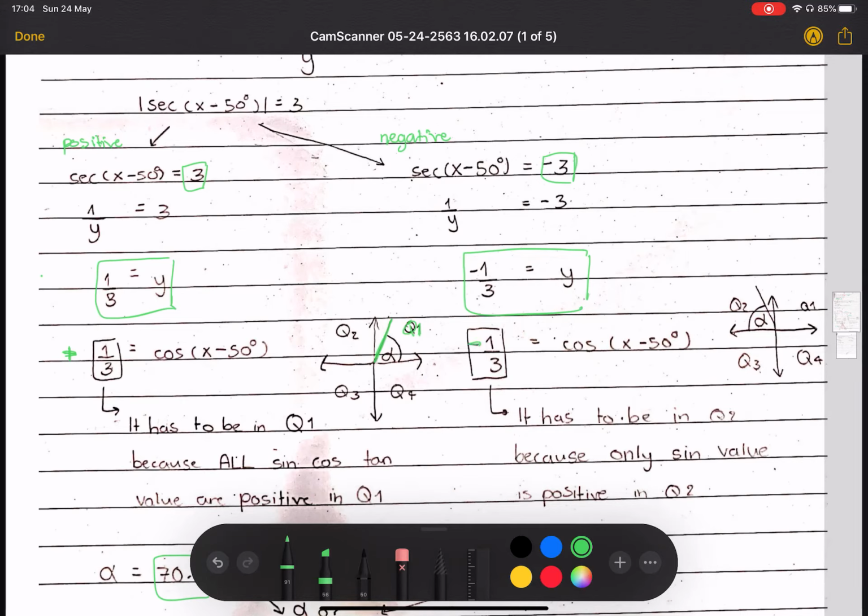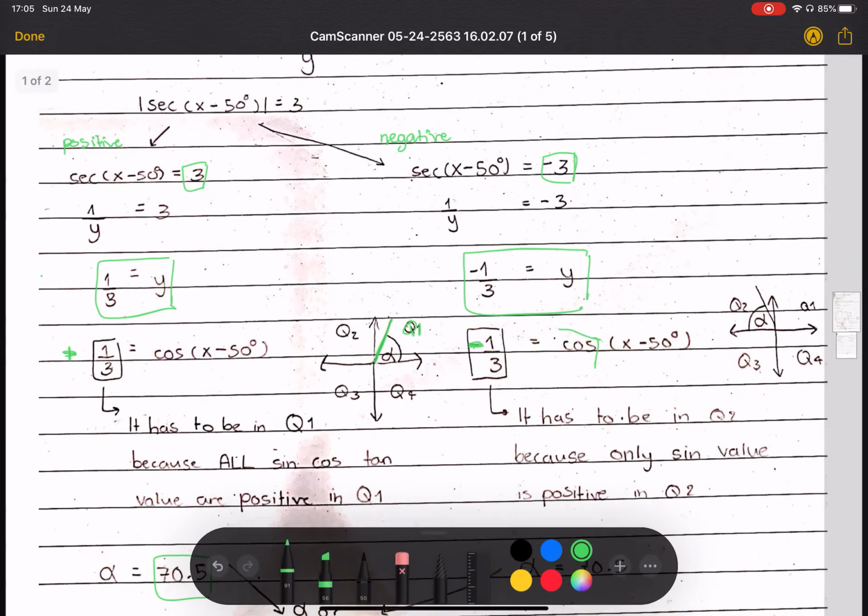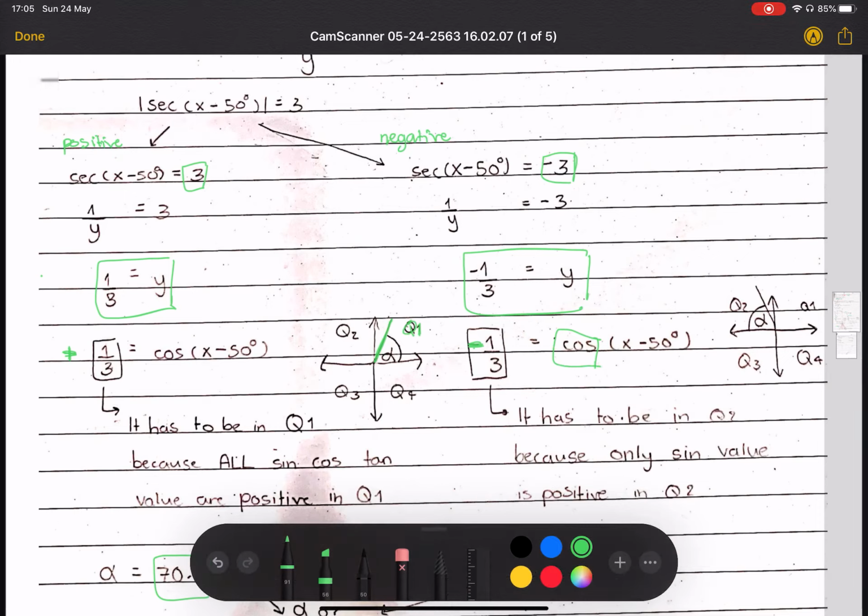And because we have a negative value of 1 over 3, this angle has to be in the second quadrant or quadrant 2, because only sine value is positive in quadrant 2, but because we have a cos, it is negative in quadrant 2.